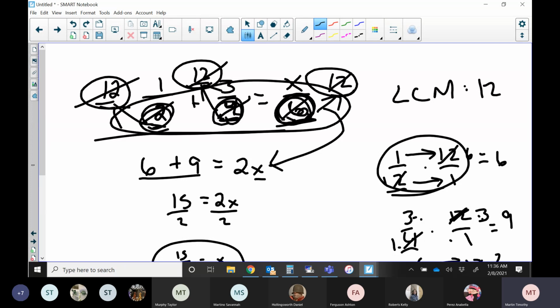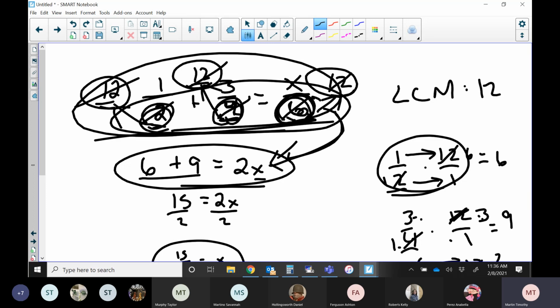If I'd used a number that they all didn't simplify with, then I would have been left with the denominator, and this would be pointless. The whole idea was to get it to where it was no longer a fraction. What do I know about this equation up here and this equation down here? They are the same exact equation, just written differently. And when I write it like this, it's much easier for me to solve for x.